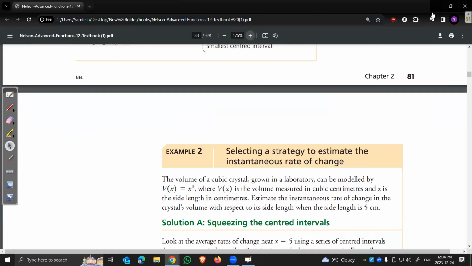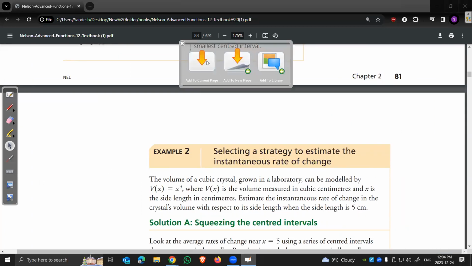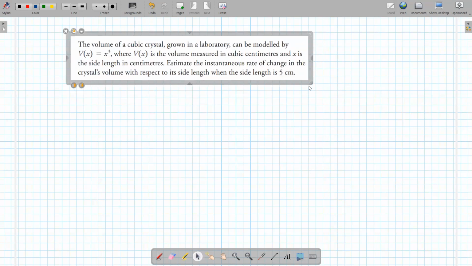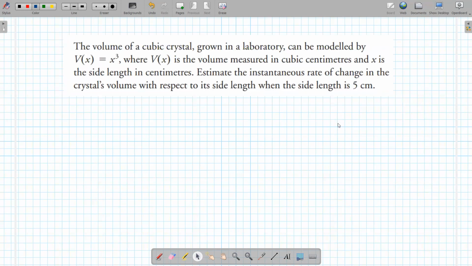Let's see what we can do over here. So here's a question. We have a volume of a cube, and they want the IROC value when the x value is 5. How do we do this?